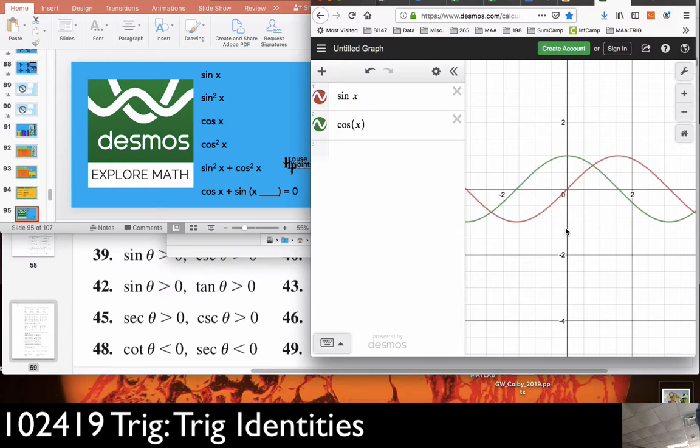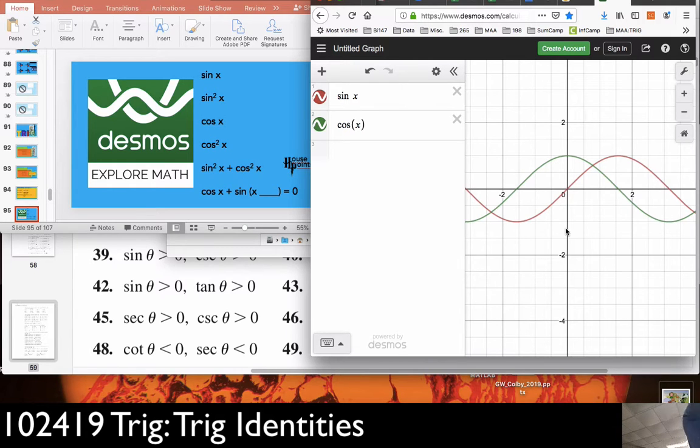So the cosine value has dropped down to 0, whereas the sine value has climbed up to 1. If we keep going into this quadrant, sine is going to come back down towards 0, and because these x values are negative, our cosine is going to drop into negative territory.